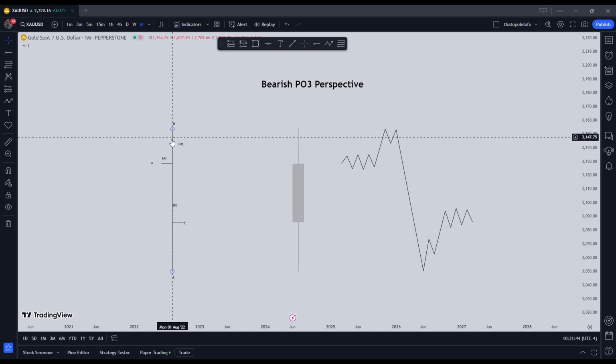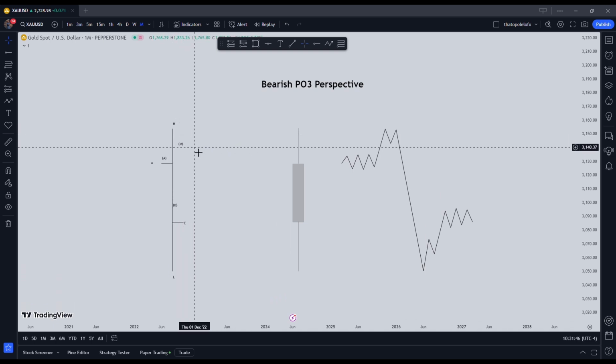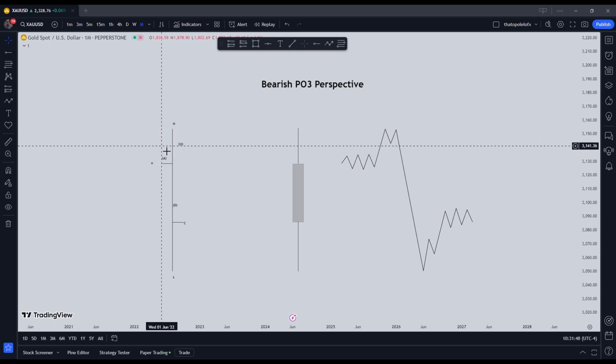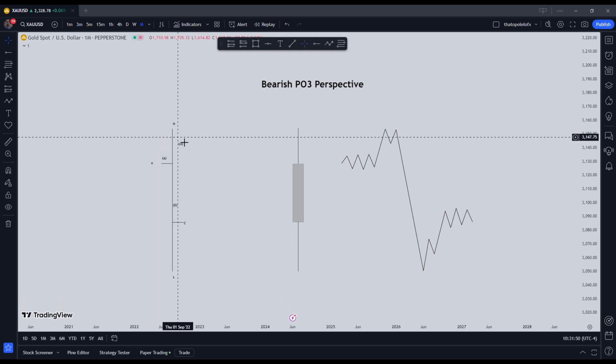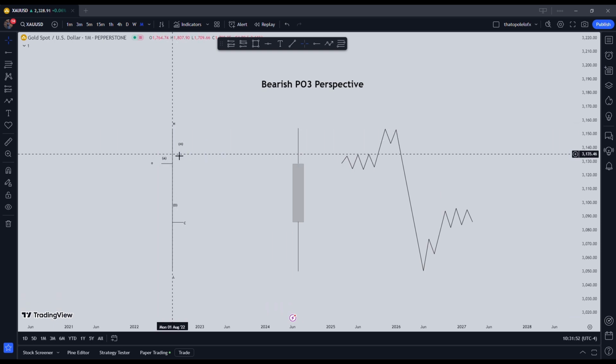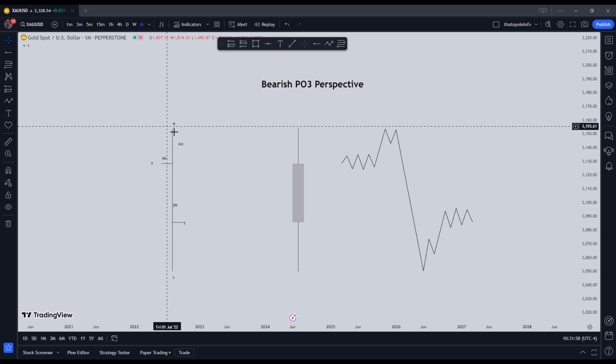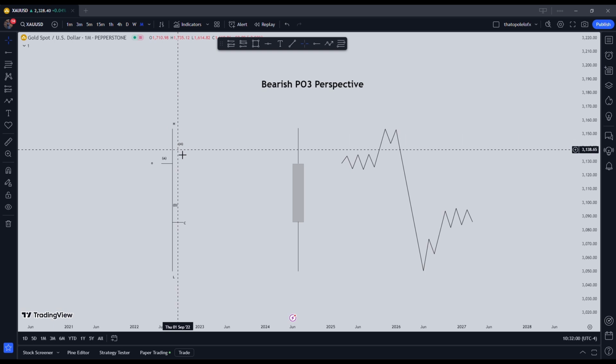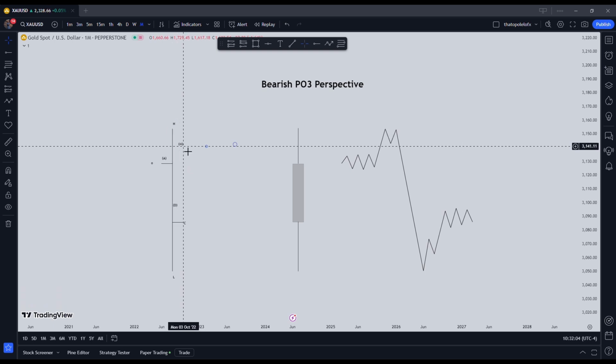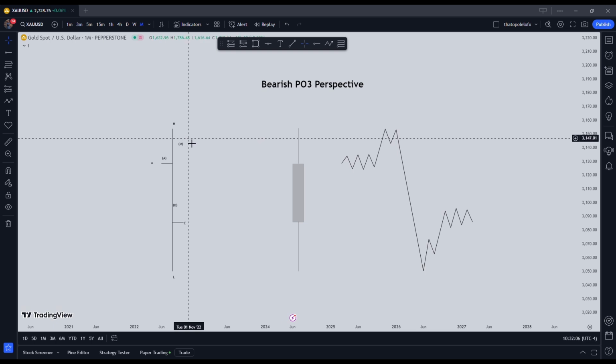It will depend if we have maybe a PD array right here, right? Then price goes up and gives us opportunities to sell in terms of market structure shift, displacement, and then fair value gap within displacement, and then we hit the sell button when we get to that fair value gap in displacement.